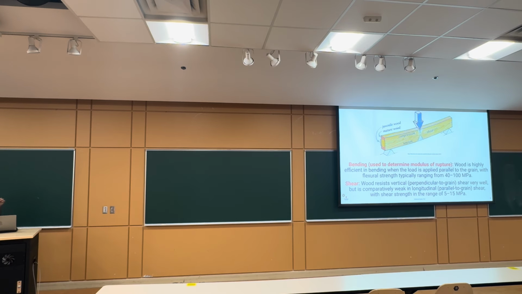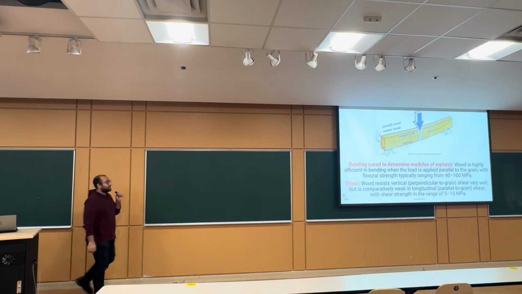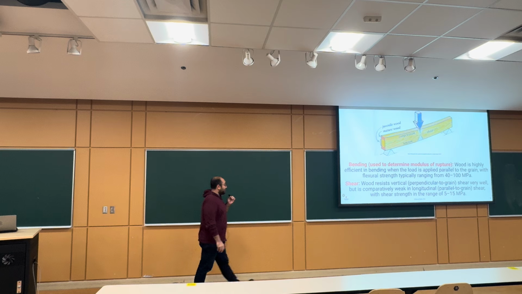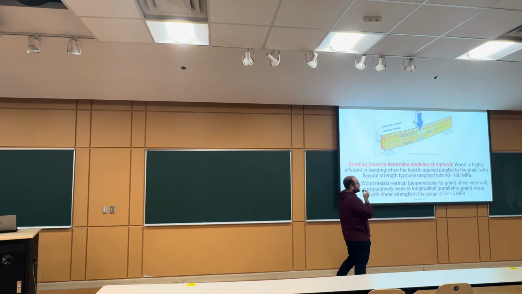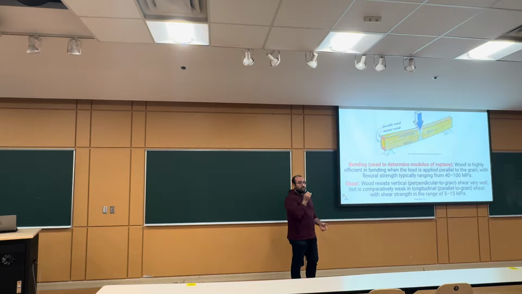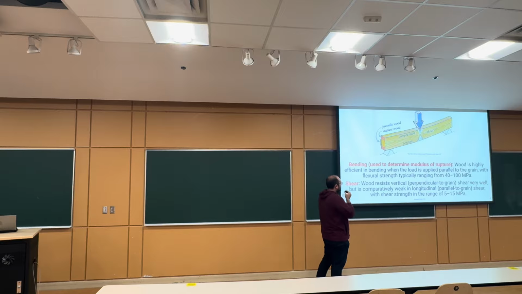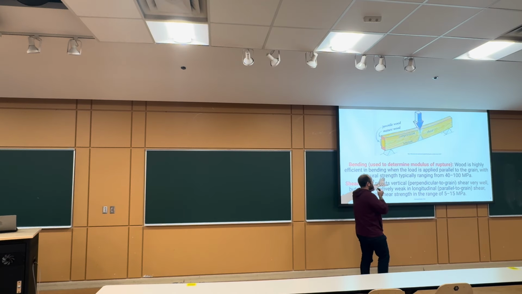So, as for the bending test, or the bending property, as well as the shear property, as we know from the past lectures in the series of concrete and metals, bending is used to determine something called the modulus of fracture, and this is actually analogous to the modulus of elasticity.